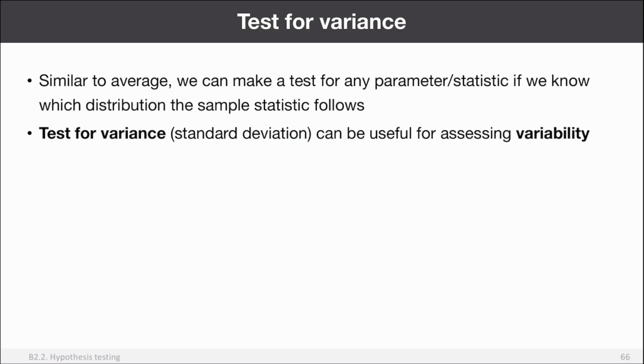So remember, variance and standard deviation, which is square root of variance, it's a measure of variability, how large the variation is, how big the distance from the values to average can be, right, for different probabilities. So therefore, the test for variance very often can be used for assessing the quality of, for example, the end product, how big the variation in quality is, how consistent the quality of your product is.